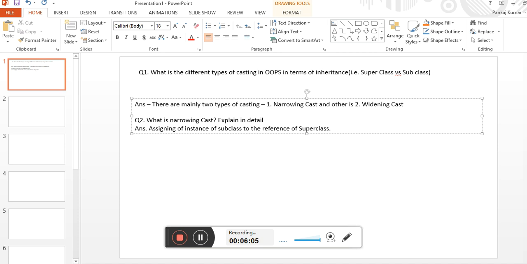This is called narrowing cast. So how can you remember it? The most important thing is how you will remember it, because after some time we generally forget. So let me tell you how I remember it.